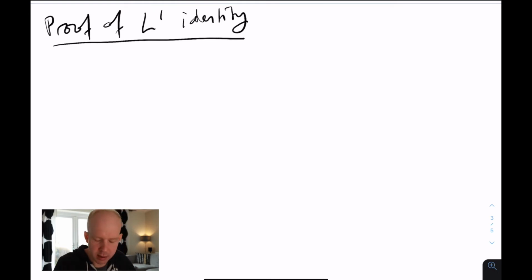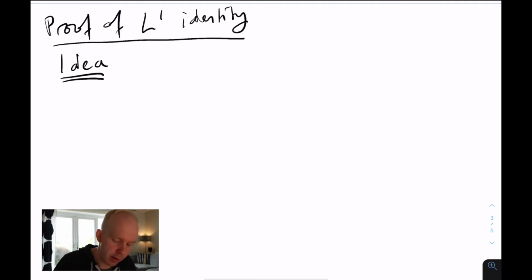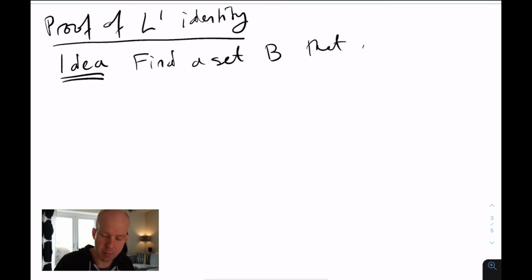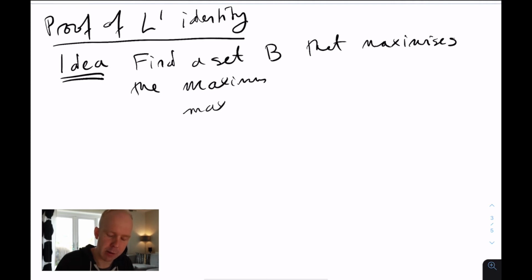So the idea here, so let's start with an idea of the proof, is to first find a set, let's call it B, that maximizes the maximum of mu(A) minus nu(A), A in Z_p.